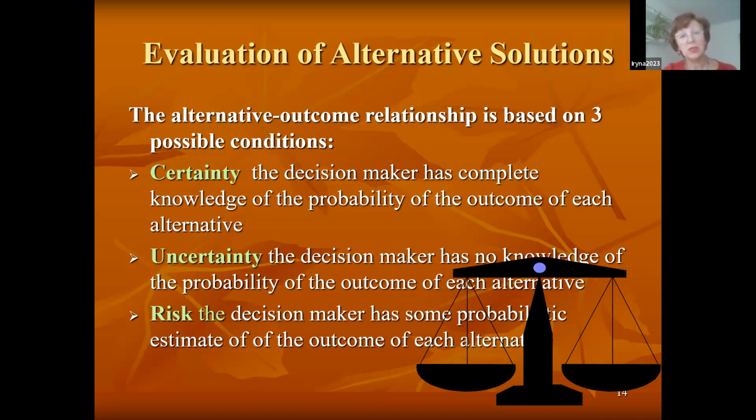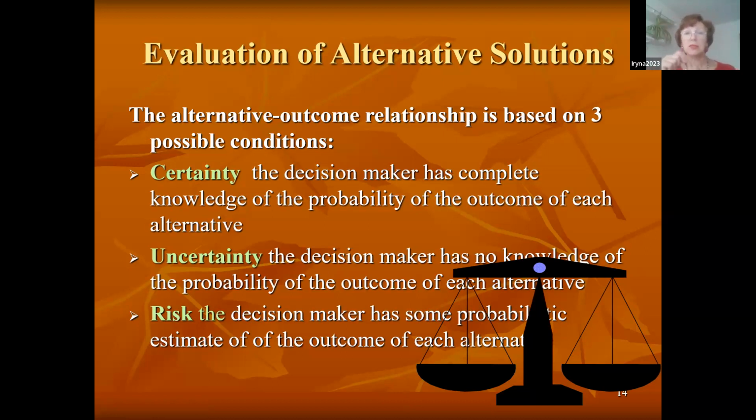The second kind of condition is uncertainty. The decision maker has no knowledge about the probability of the outcome of each alternative. If you take this, well, this or this may happen, I'm not sure.